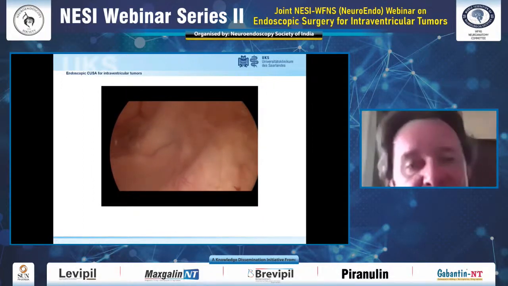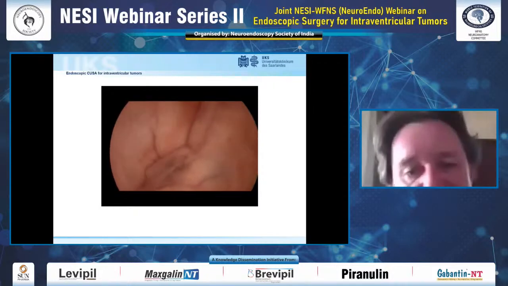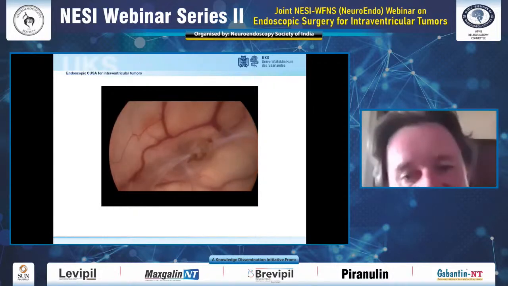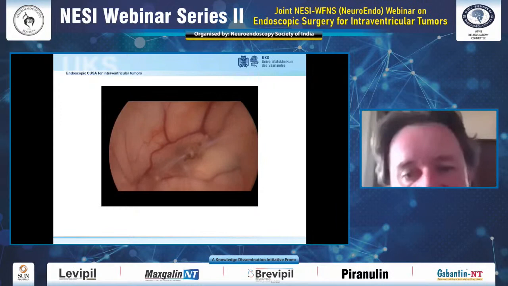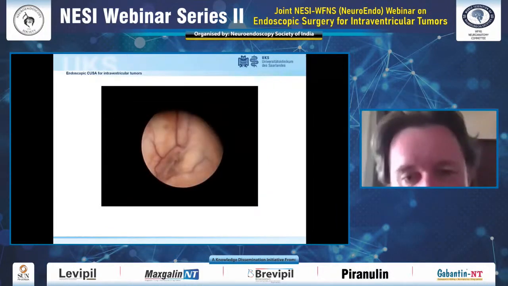You see these membranes which block the CSF circulation from the lateral ventricle to the body of the lateral ventricle and the anterior horn and the foramen of Monroe. And this is usually done with navigation.